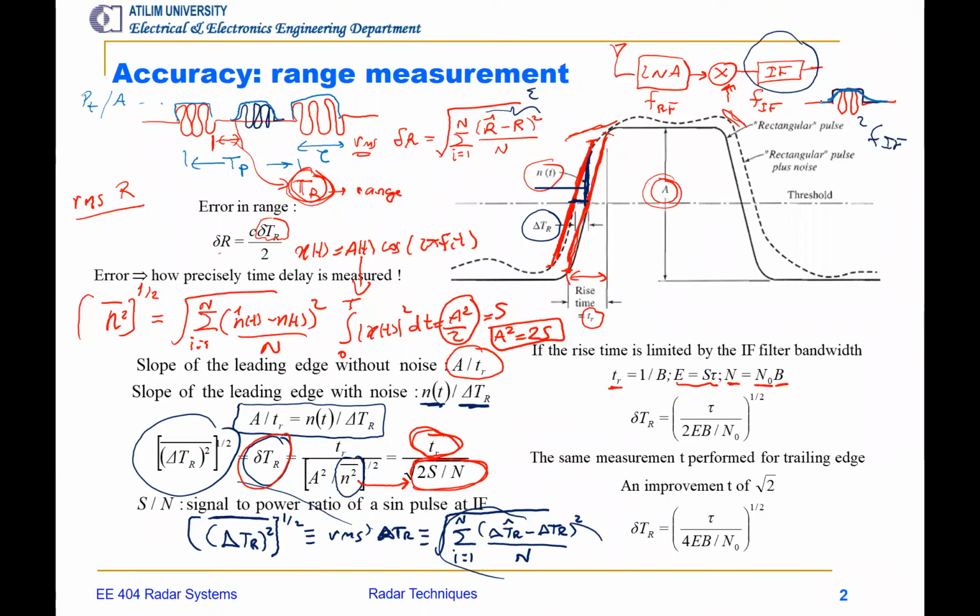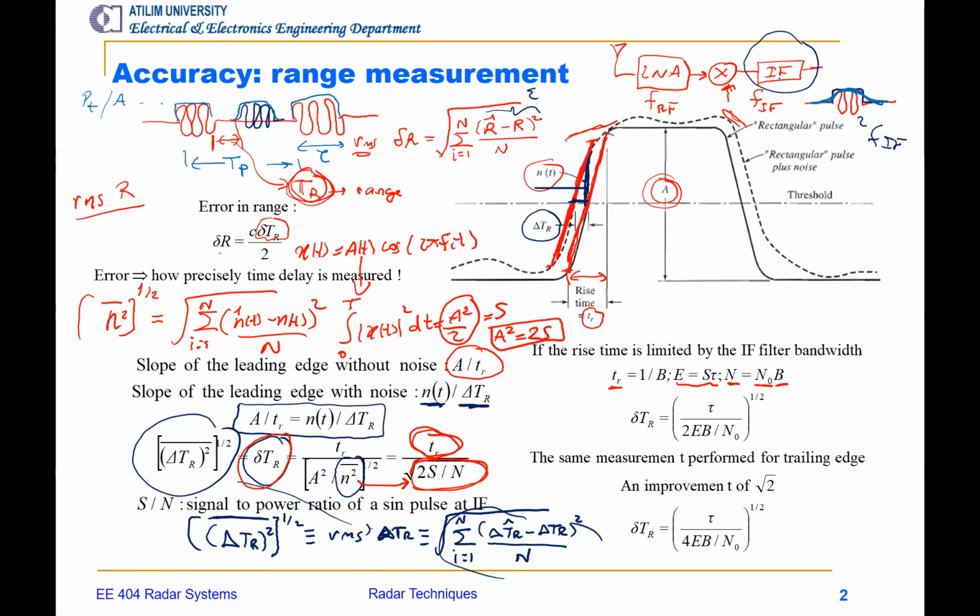For example, a smoothed version. This is due to the fact that there is no filter which can allow all the components of a rectangular pulse.